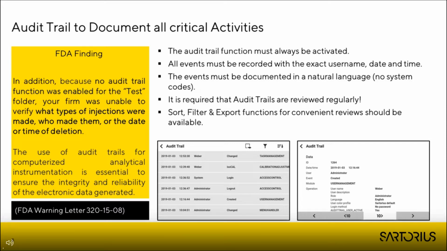So you should have an SOP in place where you describe these audit trail reviews and also document them. It's also important that the review of the audit trail is easy for you, and therefore it should have a sort filter and also an export function from the instrument so that you can conveniently review the data, and also archive the audit trail data easily with the export function.